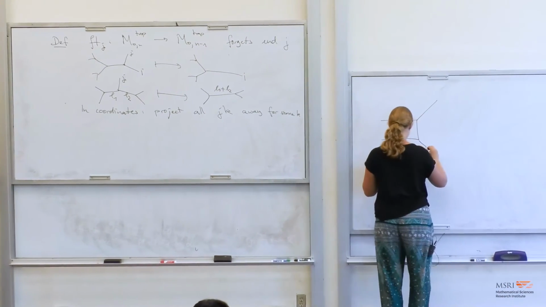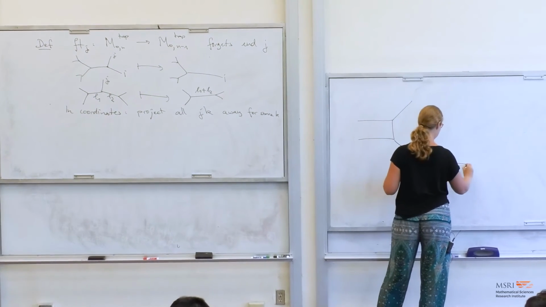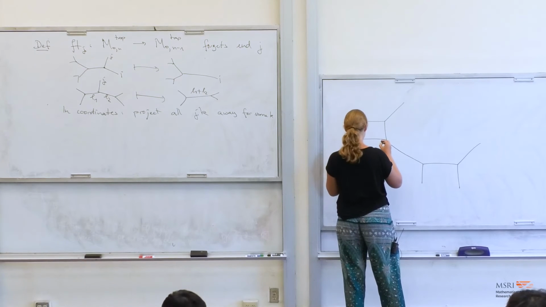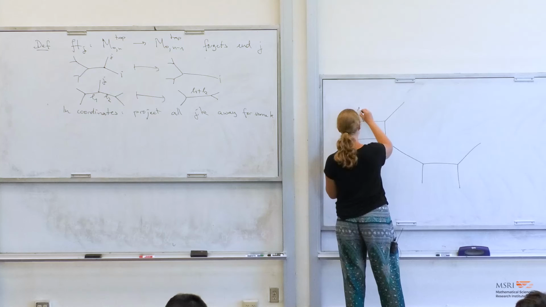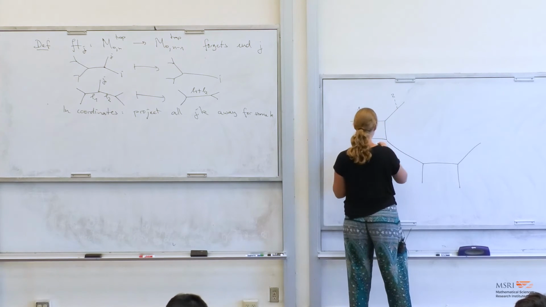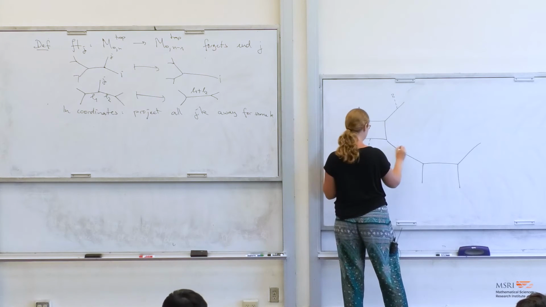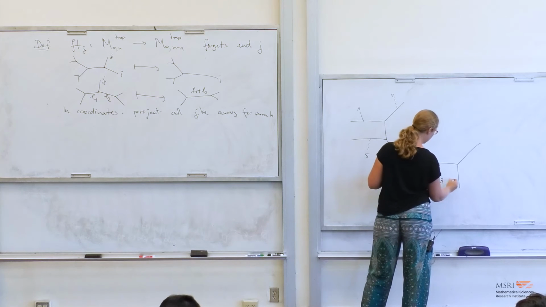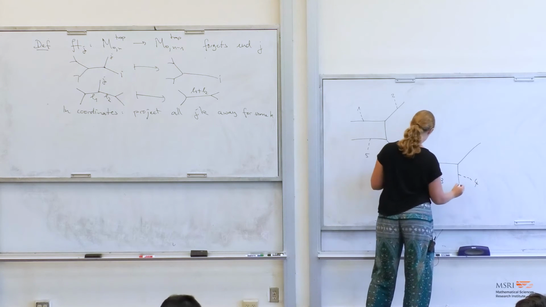So here's some tropical stable map, which has some contracted ends here, here. Here's another one. Here's another one. 3 and 4.